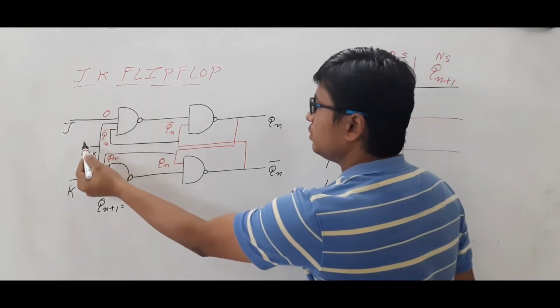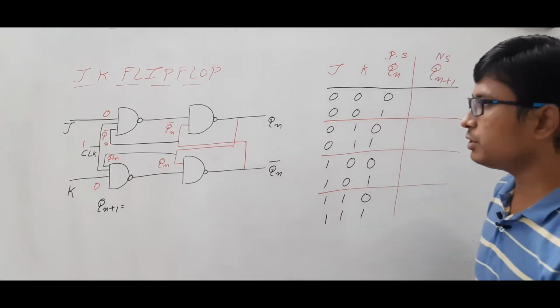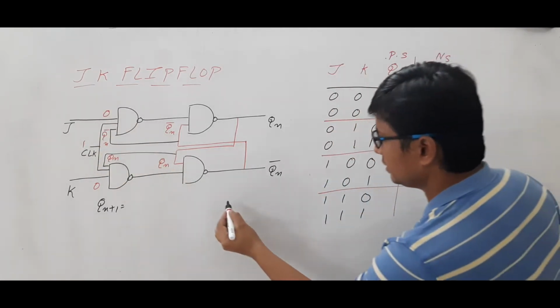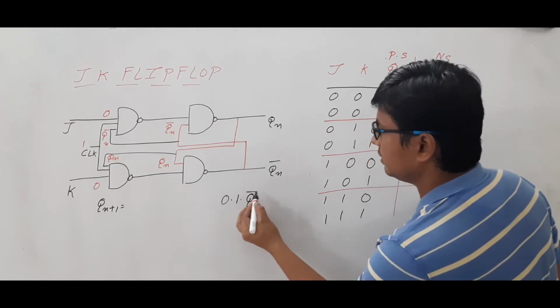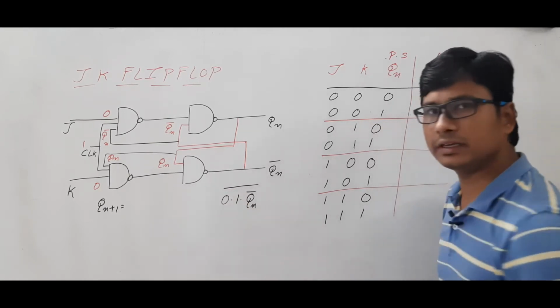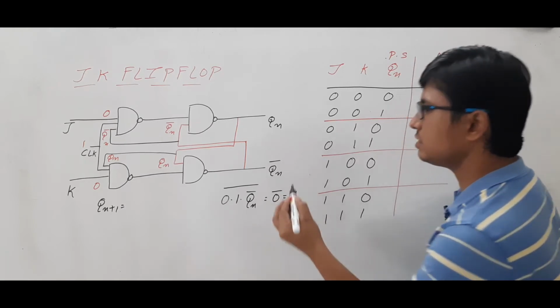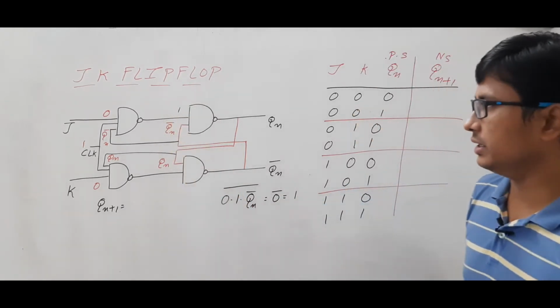This is 0, 1, Qn complement, and then you have the whole complement. 0 and 1 and Qn complement: 0 and something will be 0, and the complement of 0 is 1. So you are getting the input as 1 here.